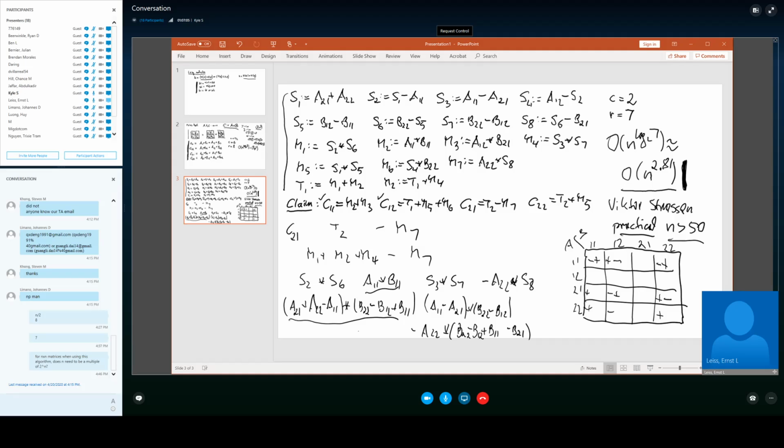And finally we have A22 with B22, B12, B11 and B21, but all with a minus, because this is minus M7, which is minus A22 times S8. And so this is minus A22 times B22, so this is a minus, and this is a plus, because we have two minuses, and then we have B11 with a minus, and then we have B21 with a plus.